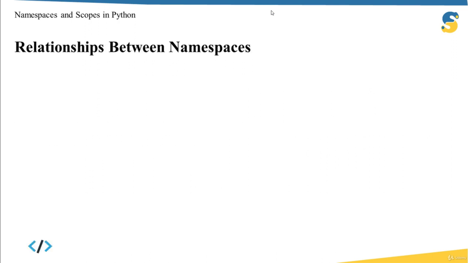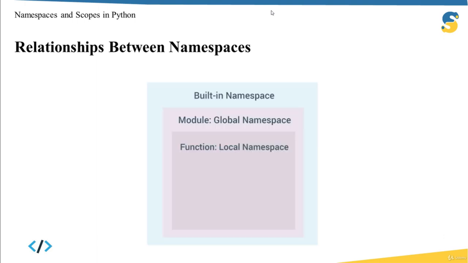Now let's see the relationships between these namespaces. This diagram here will show you that the built-in namespace is the largest one, whereas the function or local namespace is the smallest one, and the module namespace is in the middle. We can understand from this diagram that any name which is defined in the built-in namespace, we can use directly in any module in Python or in any function in Python without any problem.